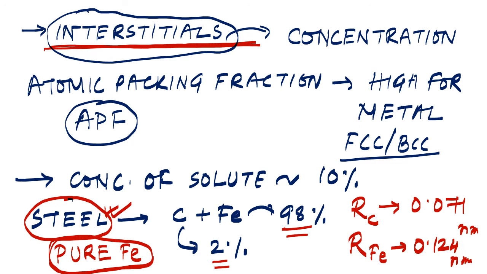Sometimes it becomes very important to express the concentration of the alloy or the composition of the alloy in a proper way. It can be a weight percent, it can be atomic percent, or it can be a mole percent. So that is quite important, which we will be talking about next.